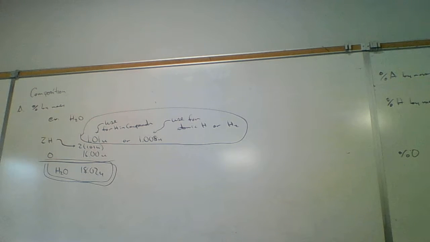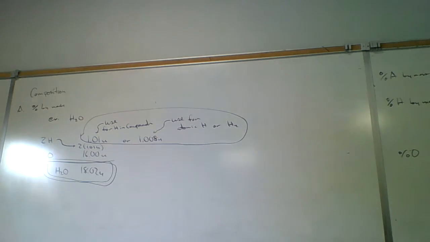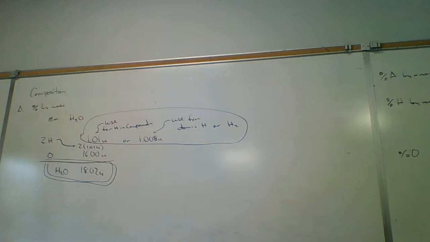Okay, the other way is we can just calculate it. The percent oxygen is going to equal the mass of oxygen, 16.00, over the total mass, 18.02 times 100%. So let's see what this gives us. If I take 16 divided by 18.02 times 100, 88.79.